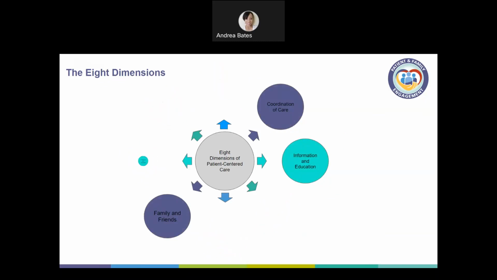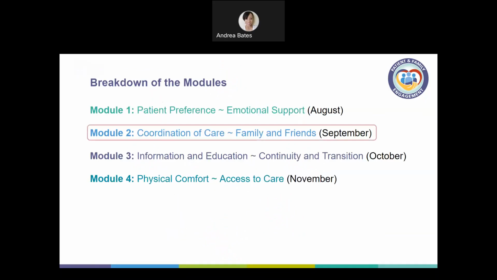And for this second module, we will be covering coordination of care and family and friends. This slide just gives you an idea of where we are as far as the breakdown and what will be coming in the next 2 months and for the last 2 modules.